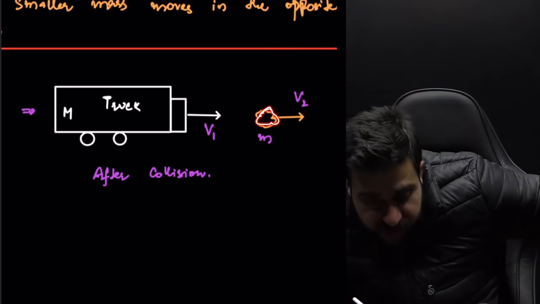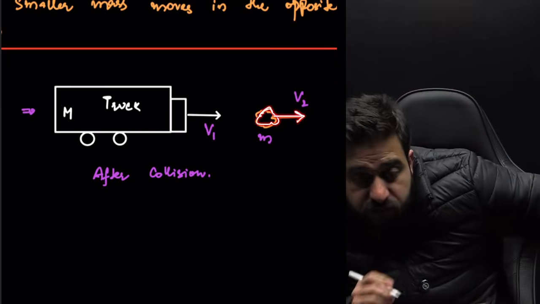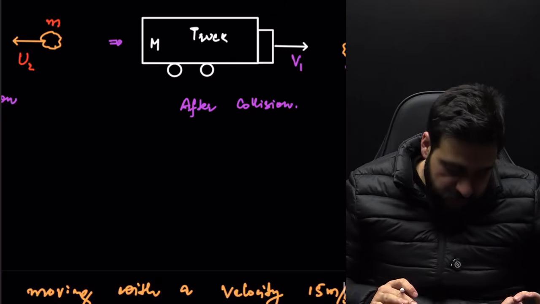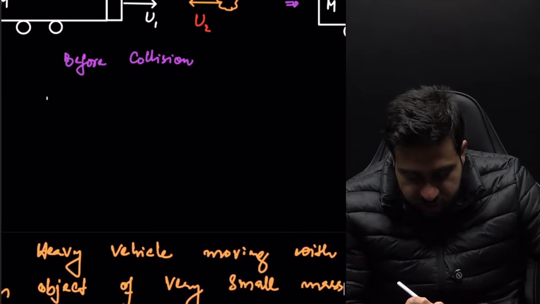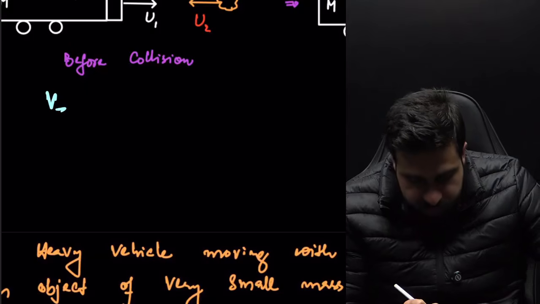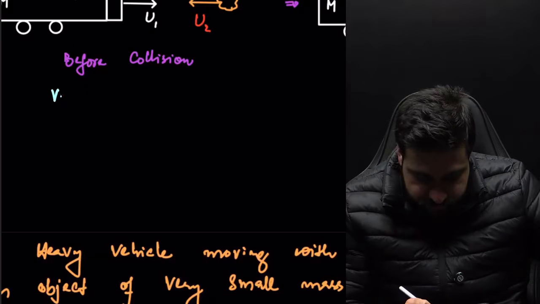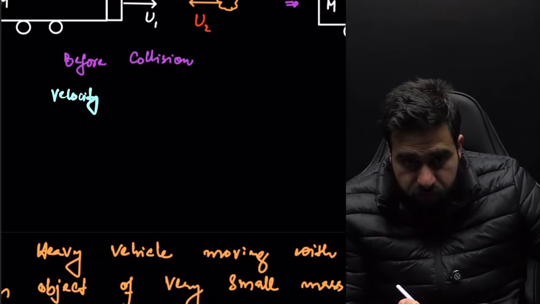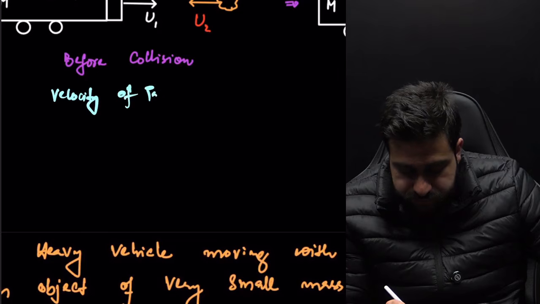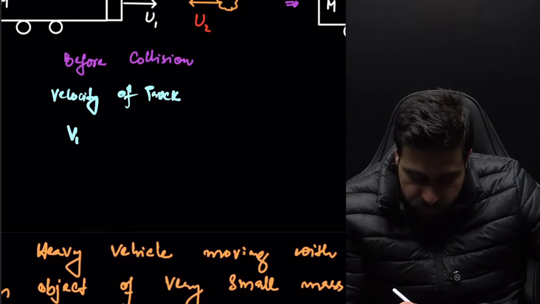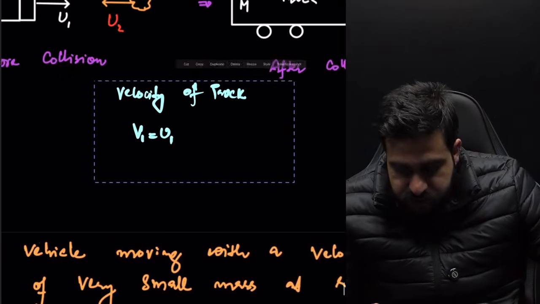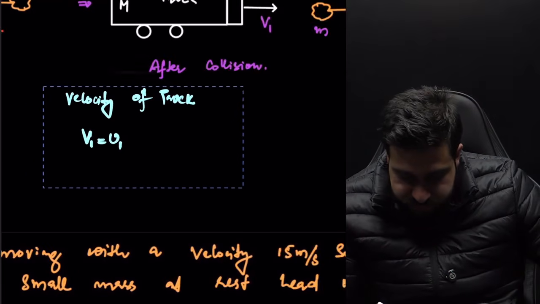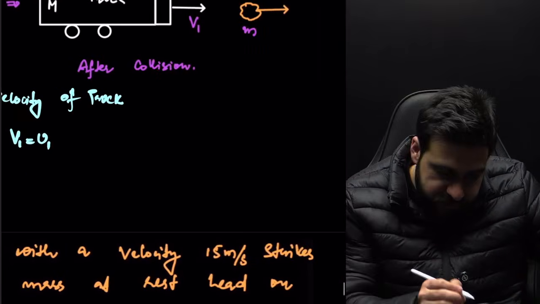B changes its direction and starts moving in the forward direction. The velocity of the truck after the collision, v1, equals u1. Nothing will happen to this.